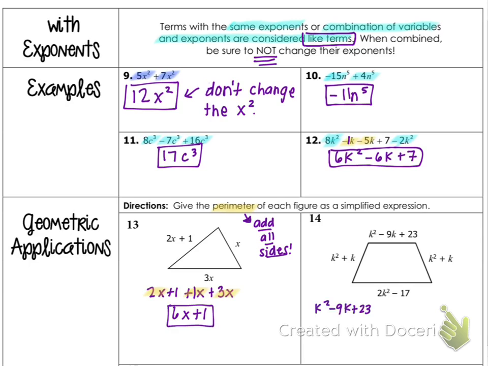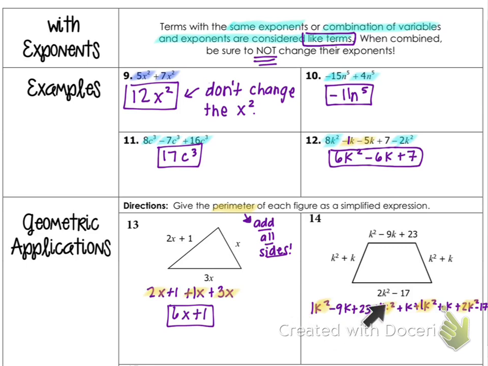So same thing for number 14. Now this is going to be kind of a long one. We have k squared minus 9k plus 23 plus k squared plus k plus 2k squared, or no, I added it twice. So this, and then plus 2k squared minus 17. And we look for all the k squareds. I'm just going to add 1s in front of those.